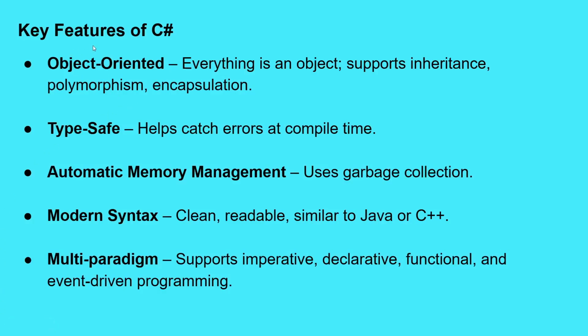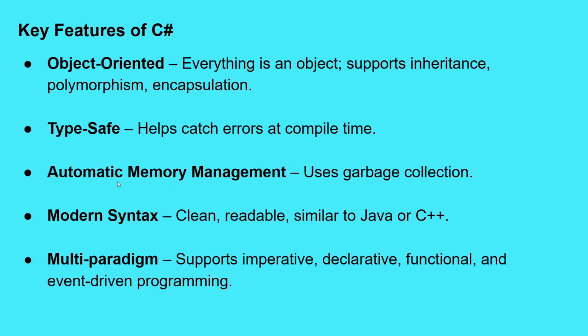Key features of C Sharp. The first one is object-oriented programming. Everything is an object, and it supports inheritance, polymorphism, and encapsulation. The second one is type safe, which helps catch errors at compile time.